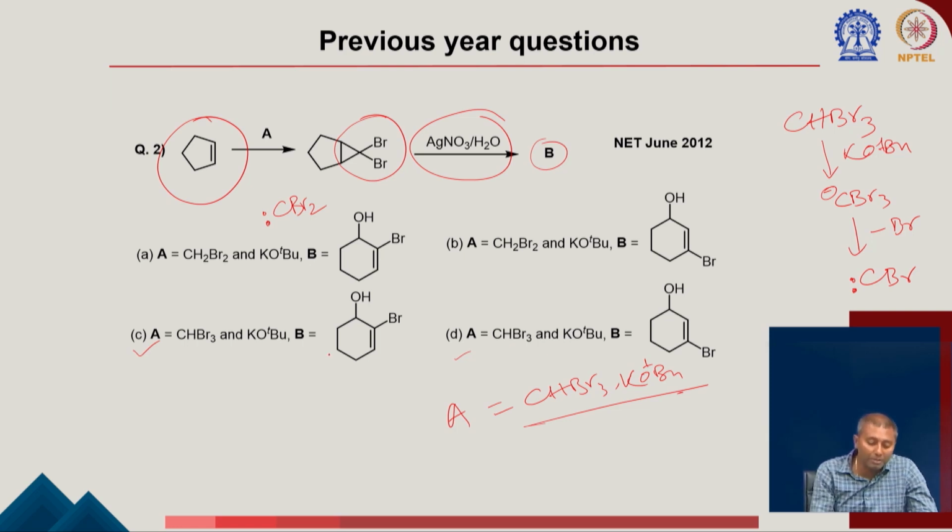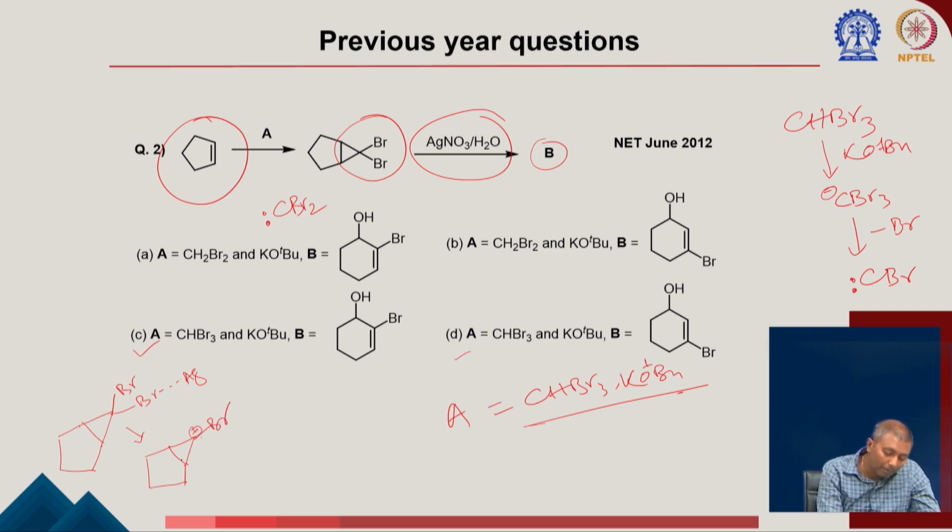Once you form this dibromide, what is going to happen? You treat with the corresponding silver. If you remember, silver will try to form a bond with the bromine, and it is going to slowly cleave the carbon-bromine bond, and you'll form some sort of carbocation here.